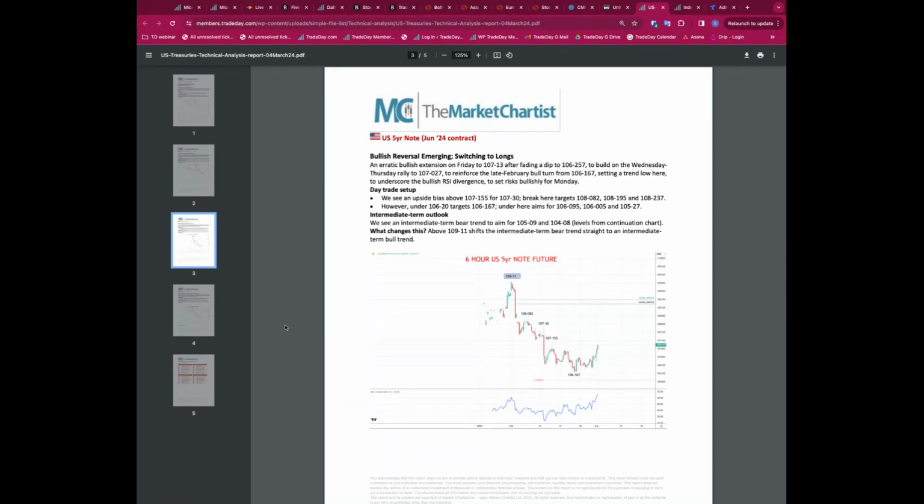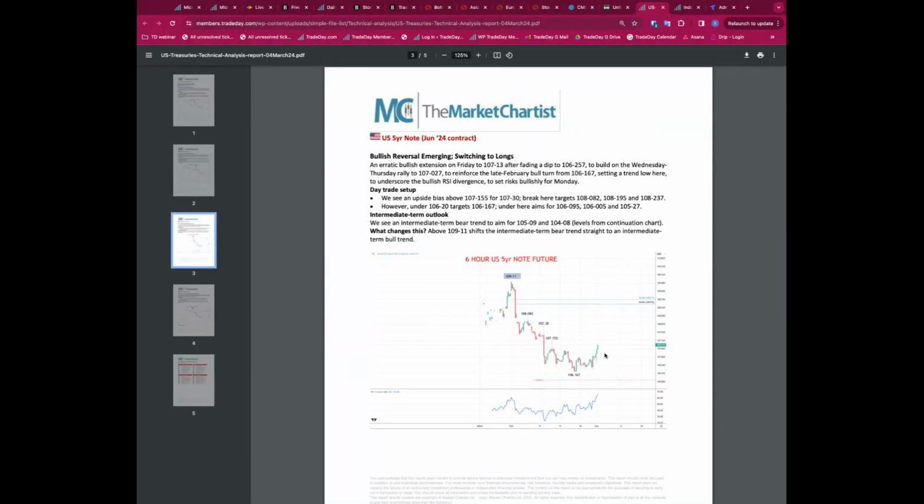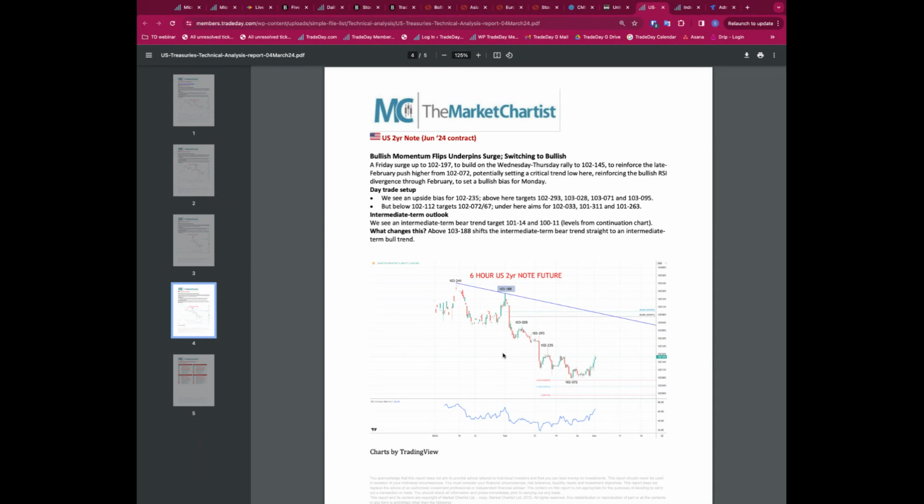You can see the short end really pushing higher, the 5-year. Not so much on the 2-year, but the belly of the curve, the 5-year, pushing up, creating this basing pattern, and then that opens up further upside. So we've shifted to more bullish on the bond markets, helping stocks higher too.